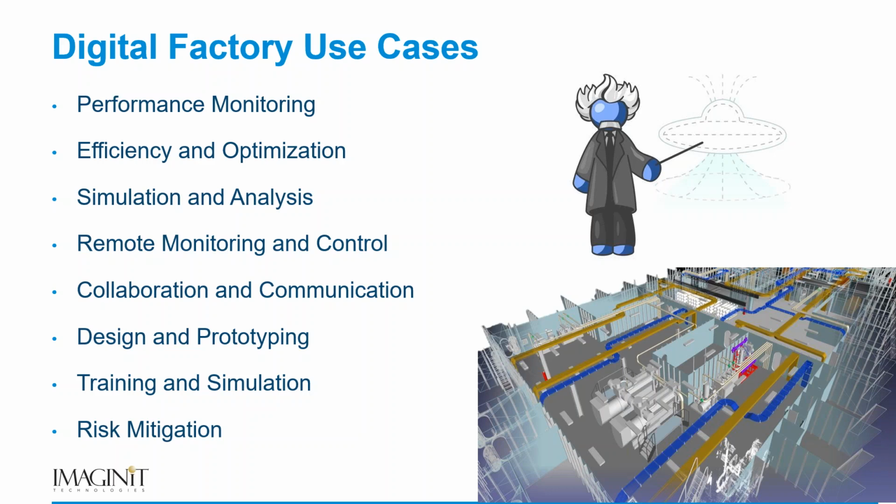Things like design and prototyping of the factory, collaboration, both internally but also with external partners, simulation of the factory before it's real, training and simulation for how to do something or for safety, for example, and then leveraging rich data to make better decisions, better estimates, and mitigate the risk of spending money in the wrong places. Next slide, please.